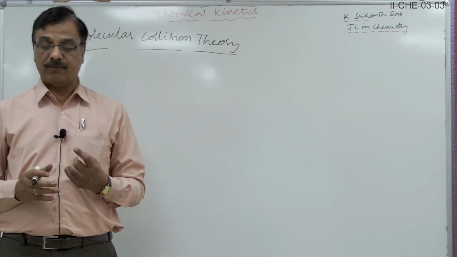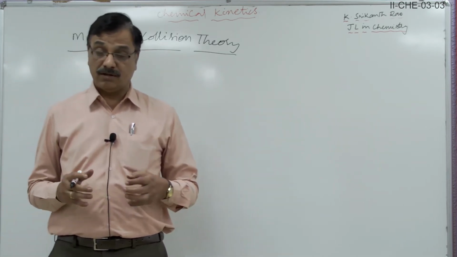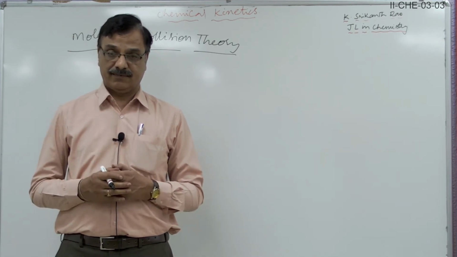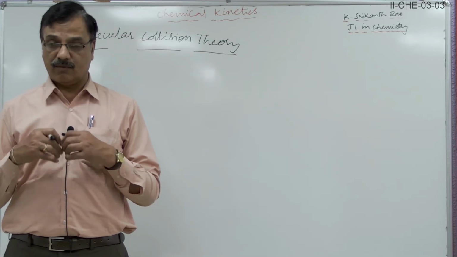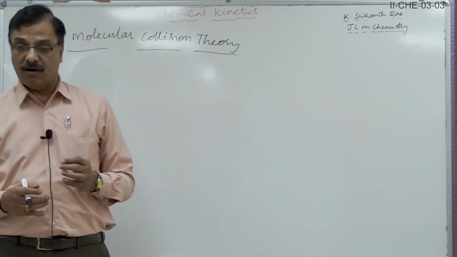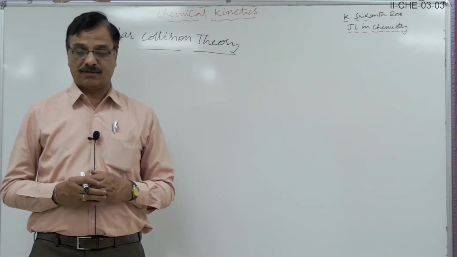That is a very important thing. The second thing is that all the collisions may not lead to the formation of the product. But all the collisions do not lead to the formation of the product.